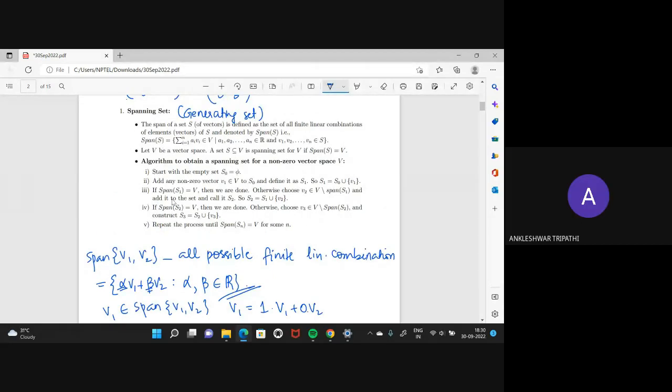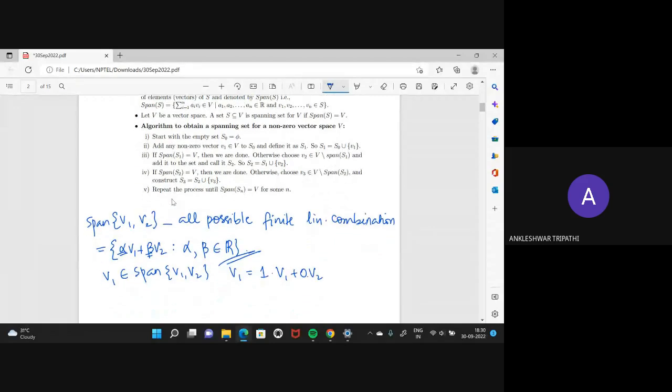Can we say V1 plus V2 belongs to the span? Definitely. You put alpha equal to 1, beta equal to 1. Someone asked whether V1 plus V2 is also in the span of the V1, V2 vectors. Yes, V1 plus V2 belongs to the span. The span of a set of vectors is another set, right?